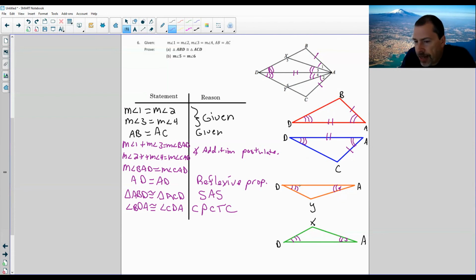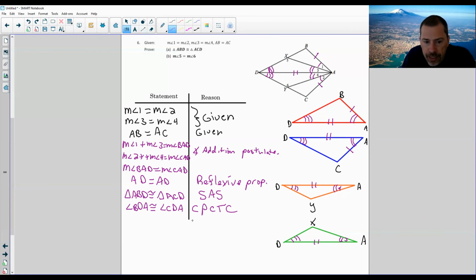By the way, AD is right here and AD is right here. So we have a side, an angle, and an angle.